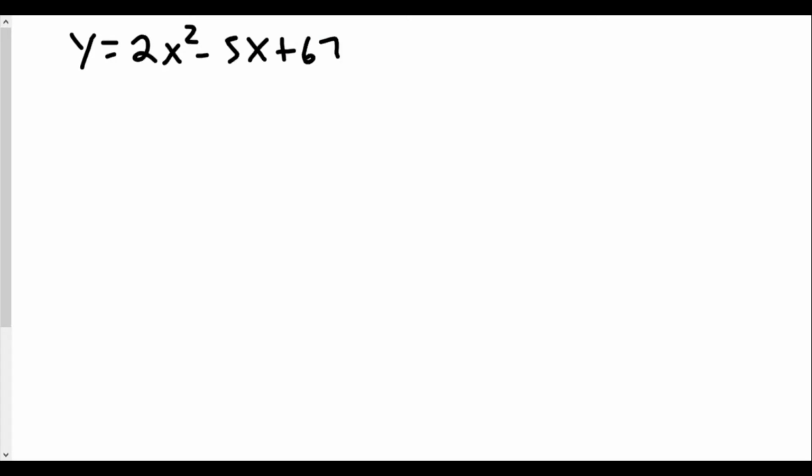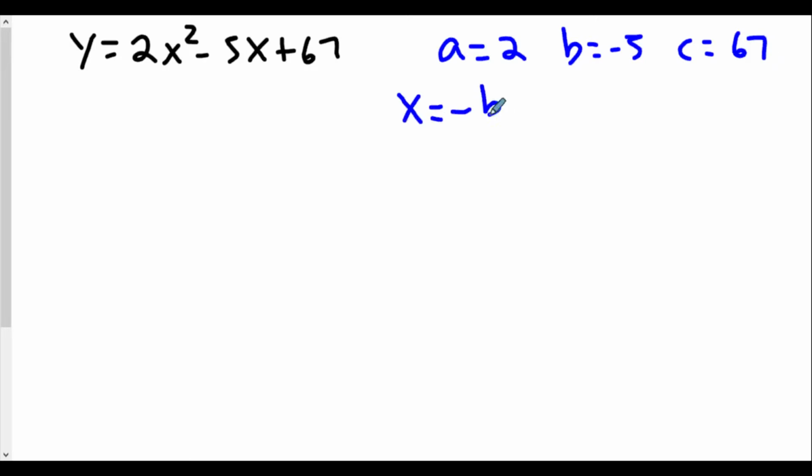Our a value is 2, our b value is negative 5, and our c value is 67. So if we use our axis of symmetry, which is x equals negative b over 2a, we get negative of negative 5 over 2 times 2, giving us an x value of 5 over 4.